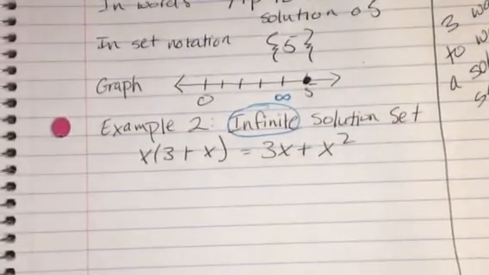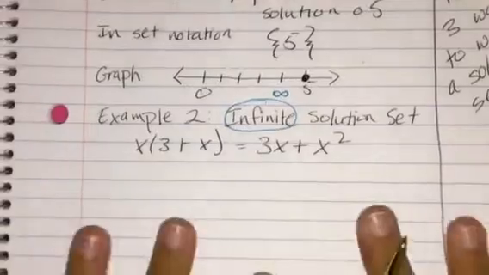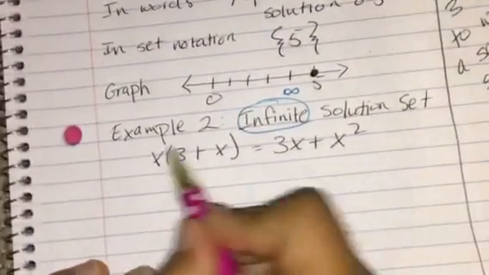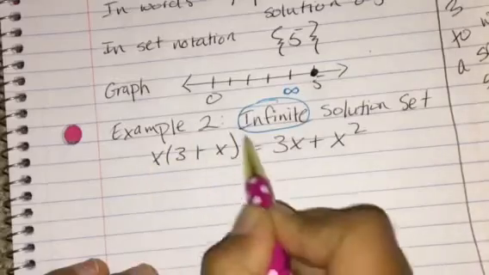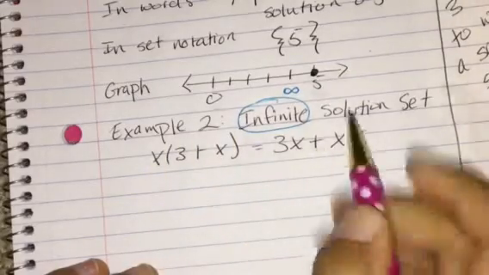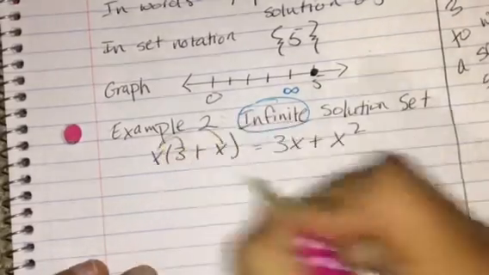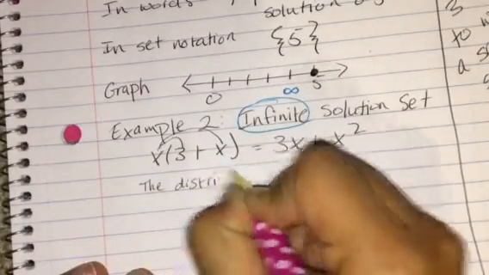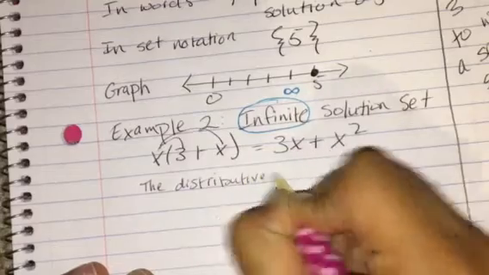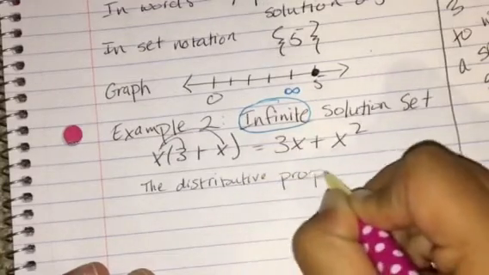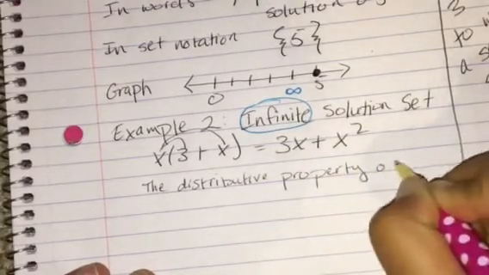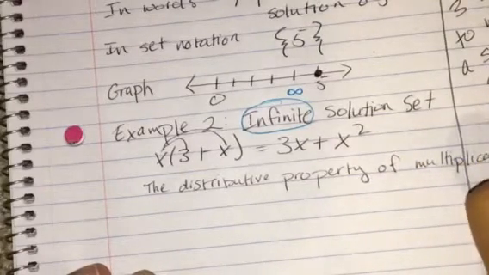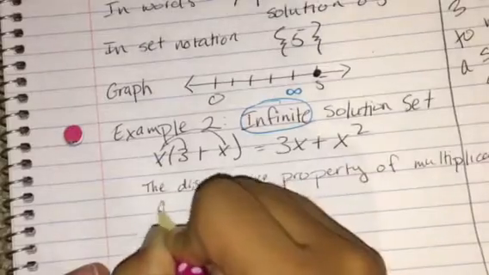Okay, so you don't actually know how to solve this yet, and that's okay. Let's use our properties. How did we go from this expression to this expression? Well, we use the distributive property of multiplication over addition.